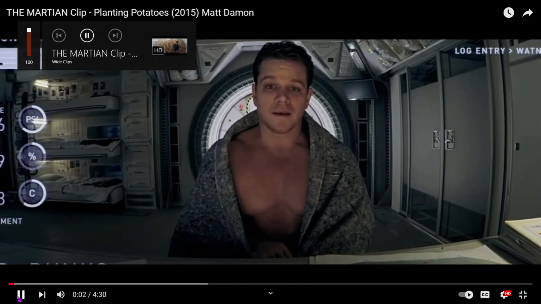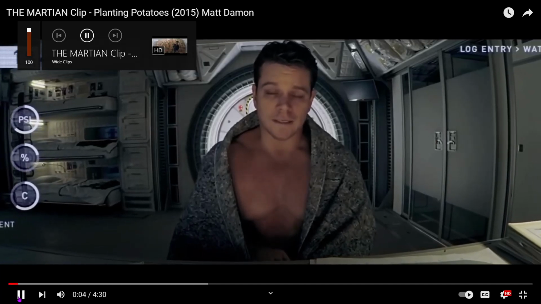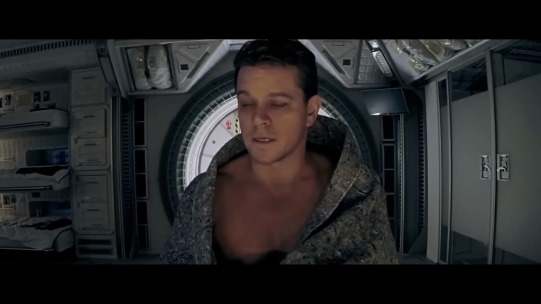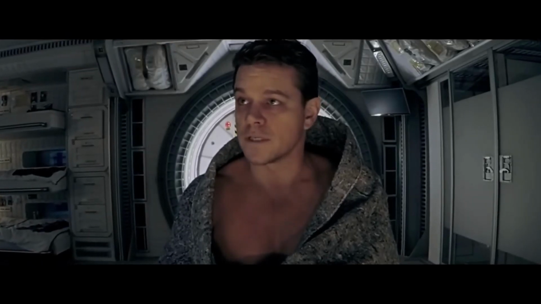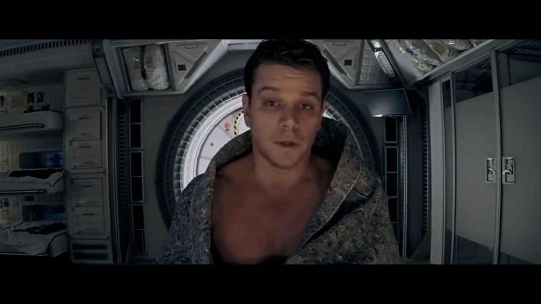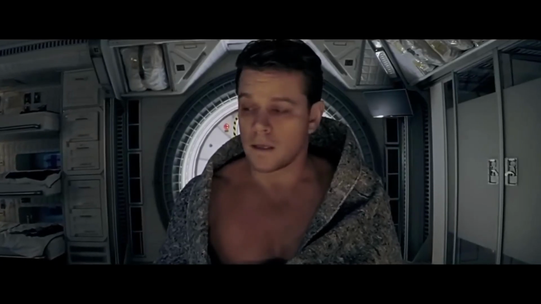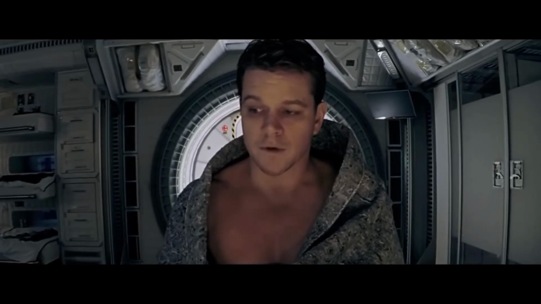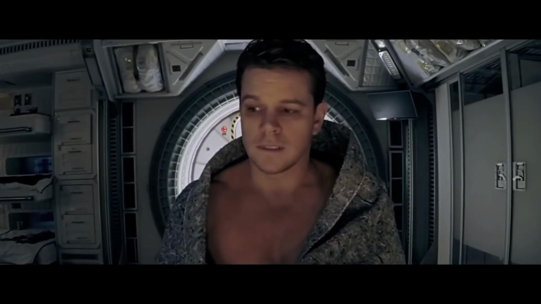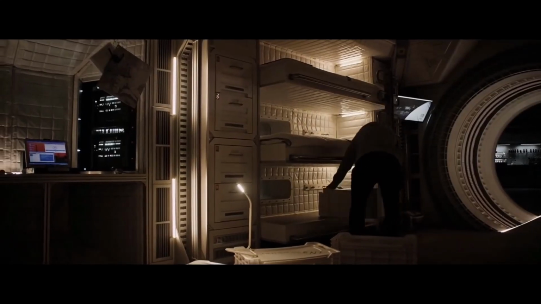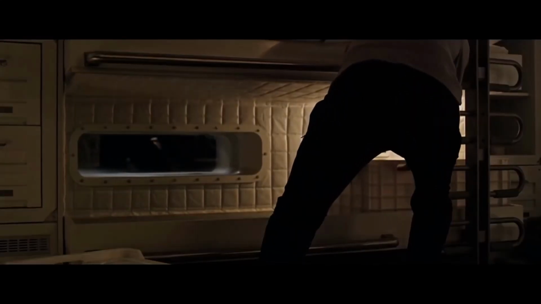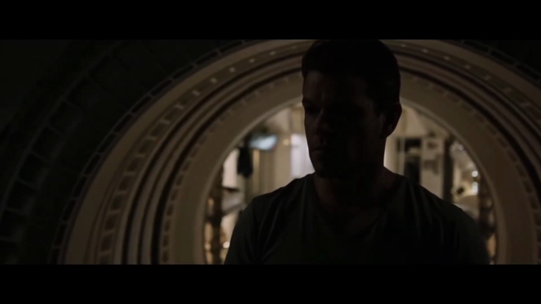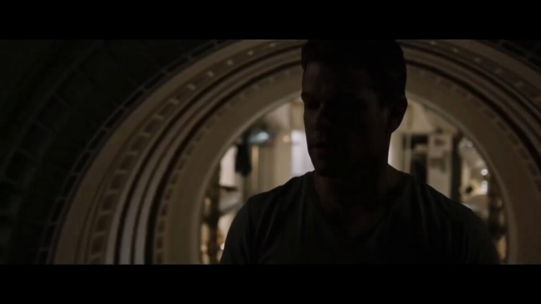Surprise. I did not die on Sol 18. If the oxygenator breaks, I'm gonna suffocate. If the water reclaimer breaks, I'll die of thirst. If the hab breaches, I'm just gonna kind of implode. And if by some miracle none of that happens, eventually I'm gonna run out of food. I'm not gonna die here.